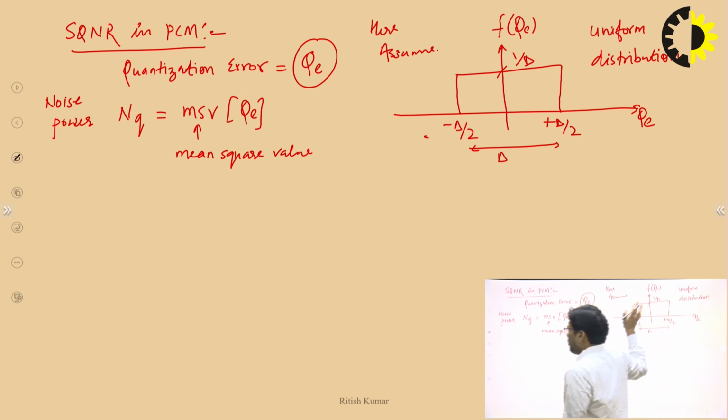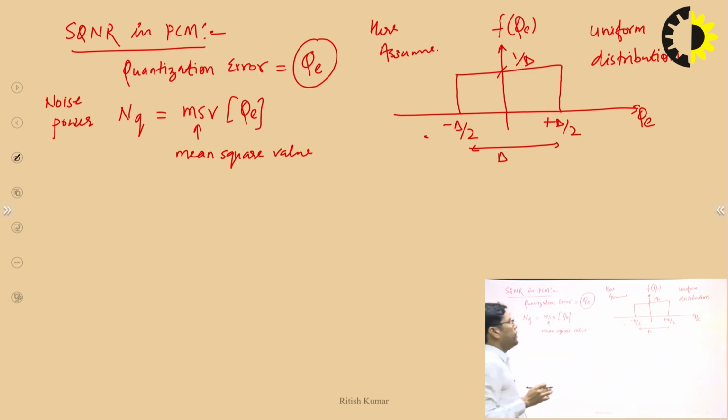So with the help of this PDF we can get the noise power by taking the mean square value of the given PDF, right? So you can write the mean square value, general formula, minus infinity to infinity.